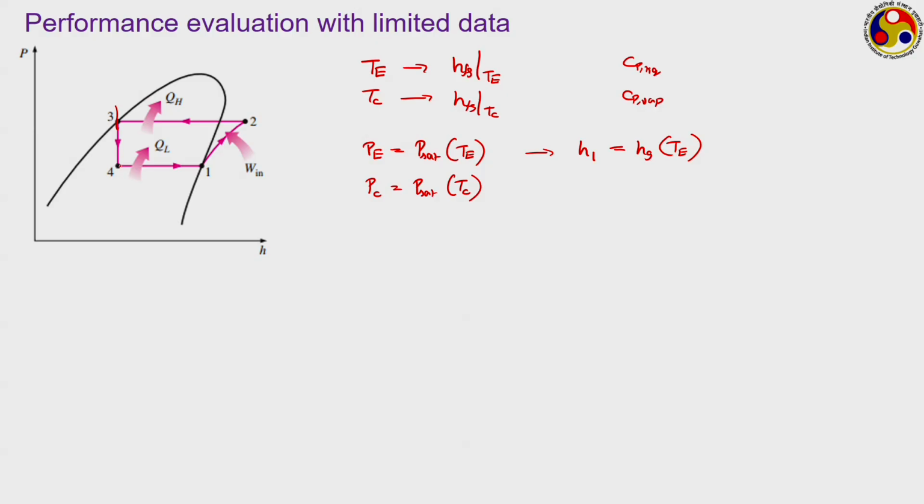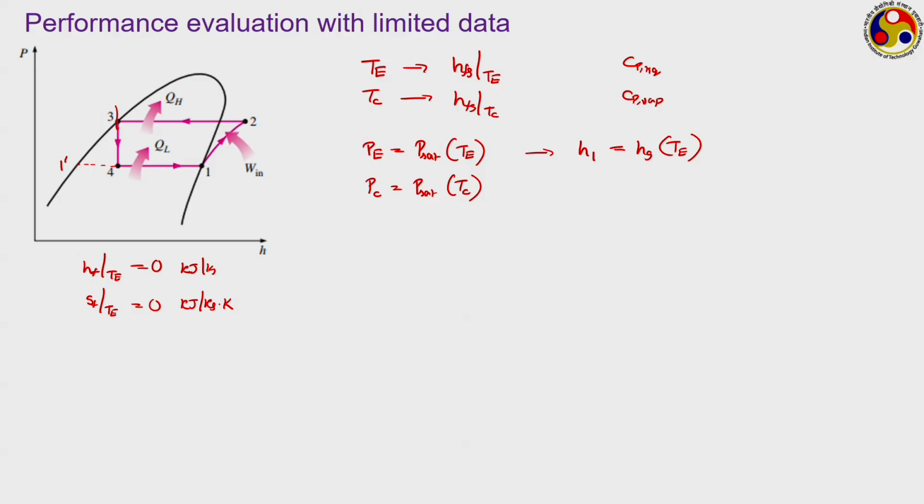Let us extend this 4 to 1 line towards the saturated liquid side up to a point 1 prime. So, 1 prime corresponds to the saturated liquid point at the evaporation temperature, and let us assume Hf corresponding to Te to be equal to 0 kilojoule per kg, and Sf, again corresponding to the same Te, to be equal to 0 kilojoule per kg Kelvin. These are some reference values we are choosing.